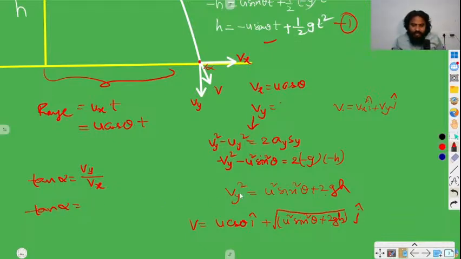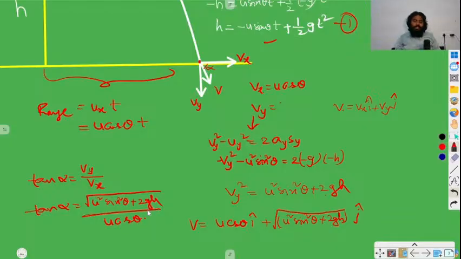Vy is nothing but, from this, root of u square sin square theta plus 2gh, by vx, which is nothing but u cos theta, right? This is the angle that you have to use. Hope it is very clear.